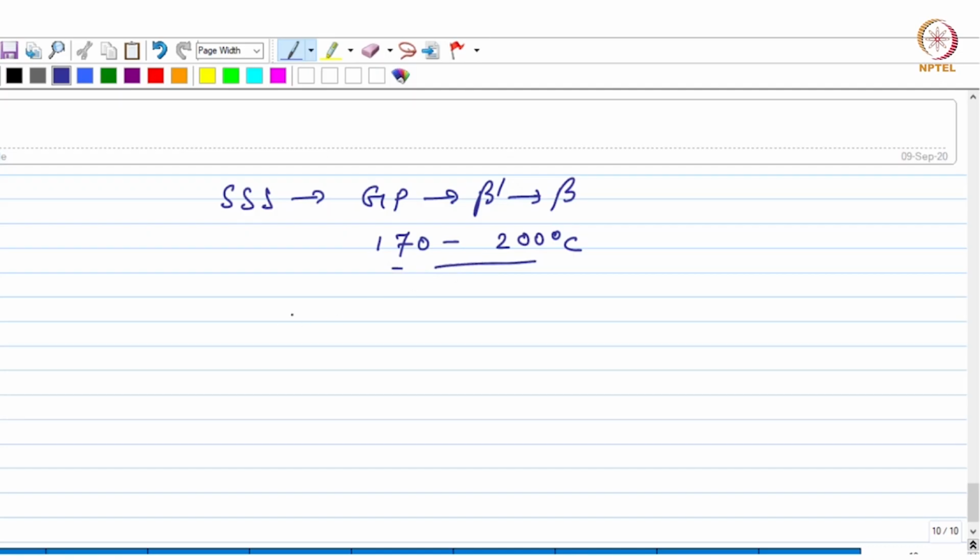Because for this particular alloy, the GP zone solvus, which is the temperature beyond which the GP zones will dissolve, is around 225 degree Celsius, right? So that is why it has to be done below that, in this particular temperature range, okay? Typically around 170 to 200 degree Celsius.